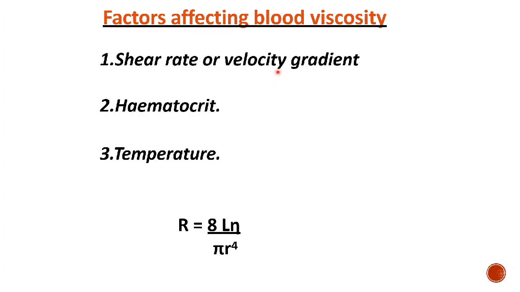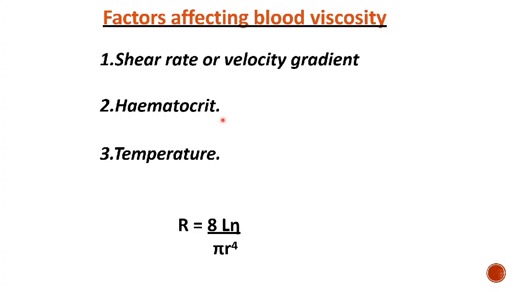Considering hematocrit, it directly affects blood viscosity. When the hematocrit is more, viscosity is more. Okay, direct relationship. In vitro, the relative viscosity of blood increases proportionally with the increase in hematocrit. Whereas in vivo, the effect of increased hematocrit on viscosity is affected by the diameter of blood vessels.